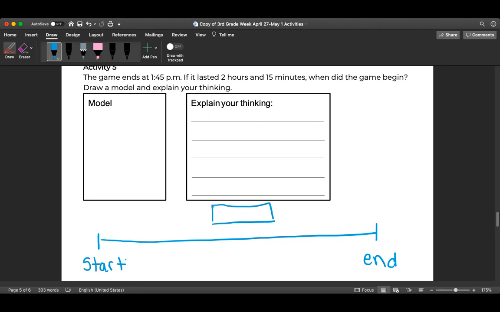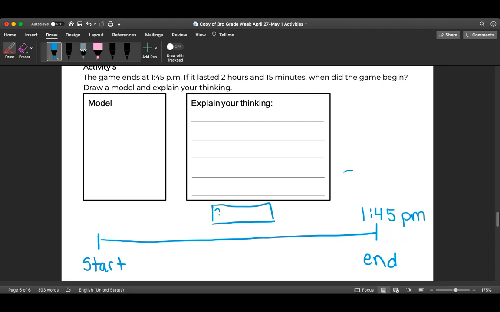And so in this particular problem, let's read it again and see what parts we're given. The game ends at 1:45 p.m. So we're given the stop time or the end time, 1:45 p.m. And that's in the afternoon, p.m. And then it goes on to say if it lasted 2 hours and 15 minutes.